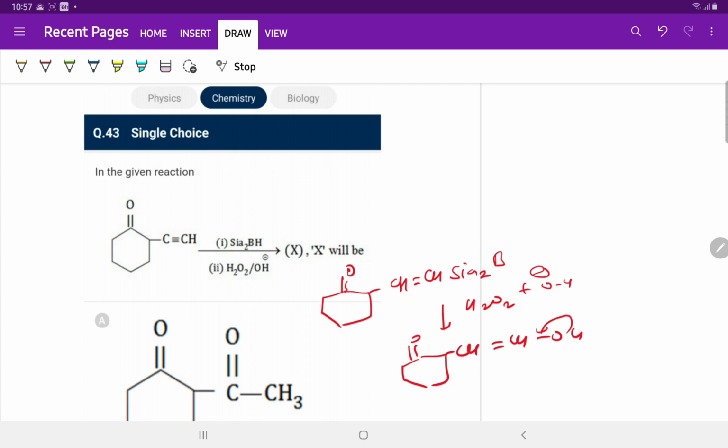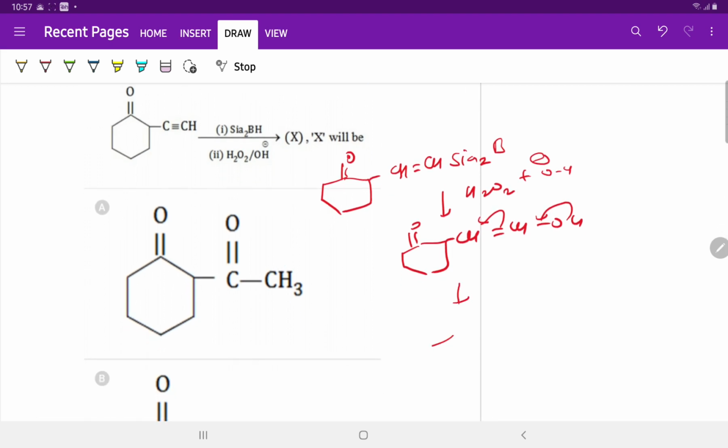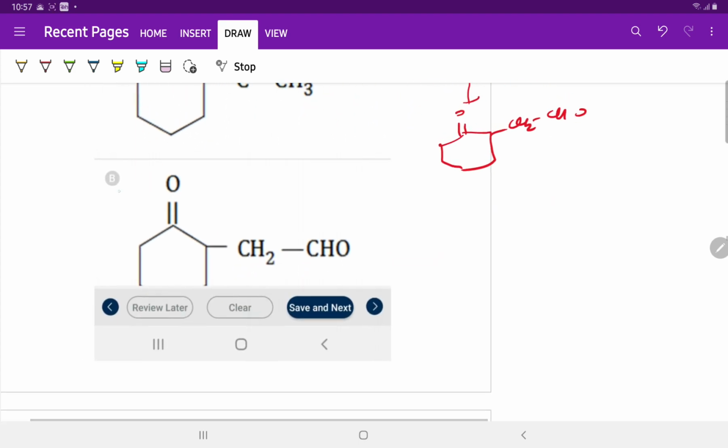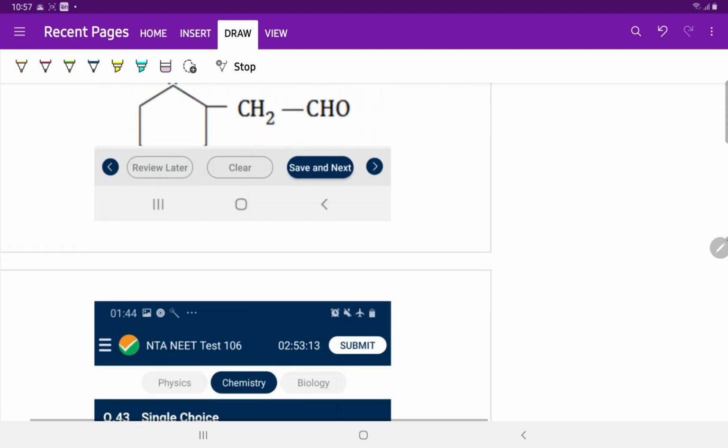Okay. On tautomerization it will give CH2CHO. I think option B is correct for question number 43.